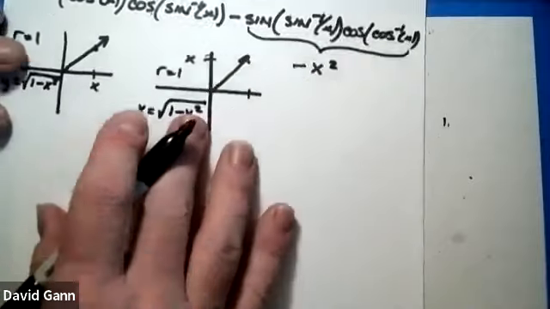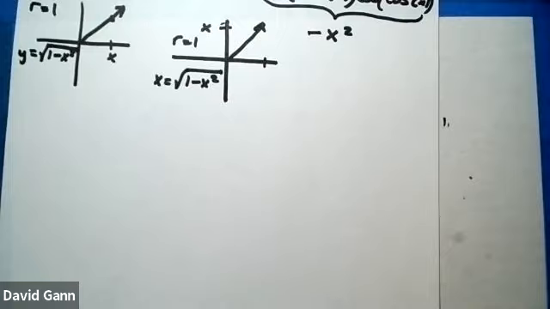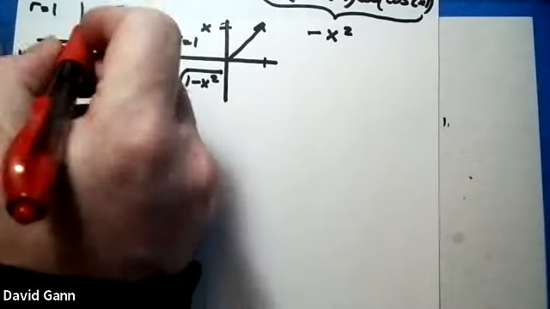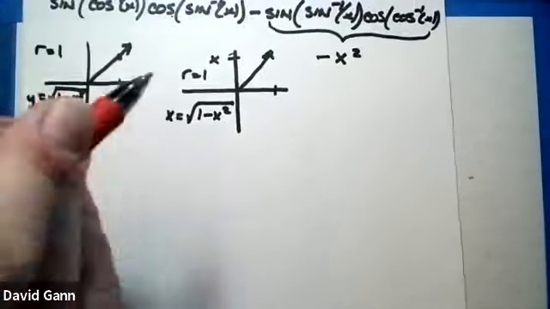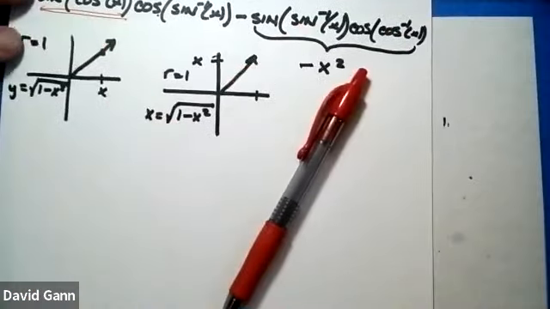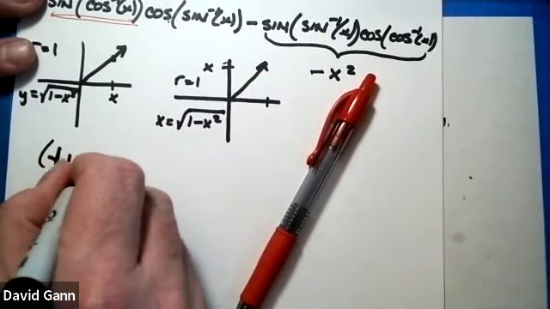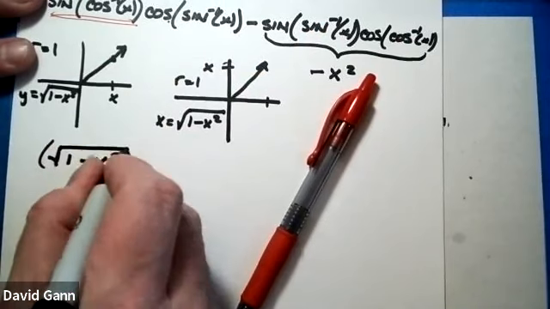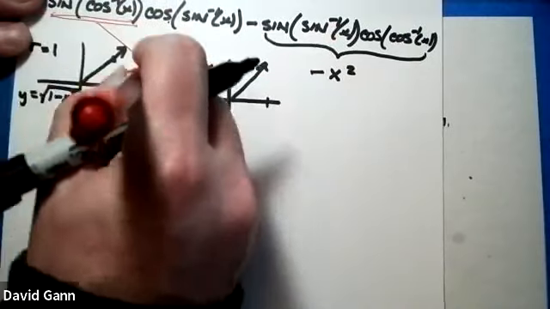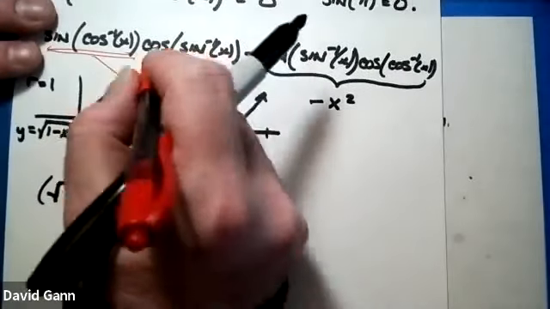So let me just go ahead and move down here and actually write that. So I'll do it with a little different colored pen. So based on this diagram alone, this transforms into square root of 1 minus x squared. And this one next to it does the same thing.